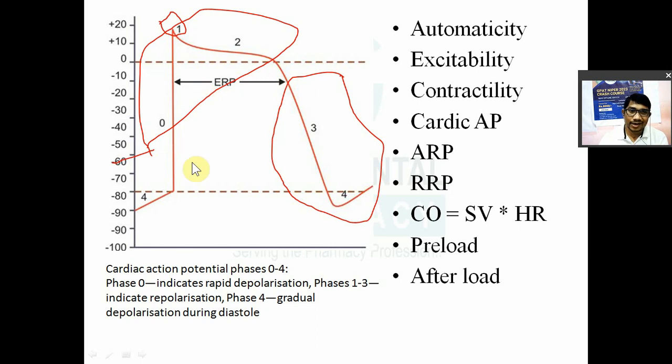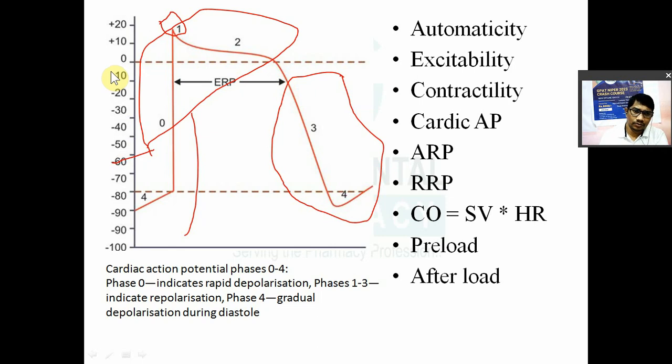If another stimulus comes during phase 0 and phase 2, there is no response from the cardiac cell to that stimulus. While phase 0 is going on, meaning the whole action potential is in progress, phase 0 is depolarization and phase 2 is also depolarization, so if another stimulus comes to the cardiac cell at that time, the cardiac cell will not respond to it. Doesn't matter whatever strength it has, even a very strong stimulus, the cardiac cell still does not respond.